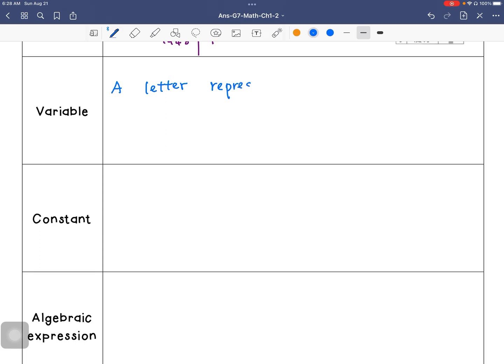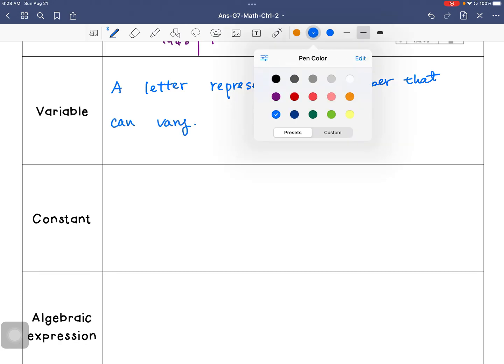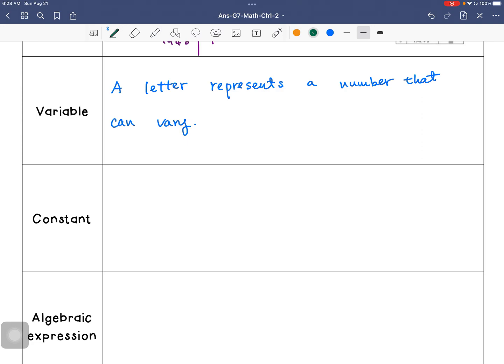So a variable is a letter that represents a number that can vary. It can switch to any kind of number.